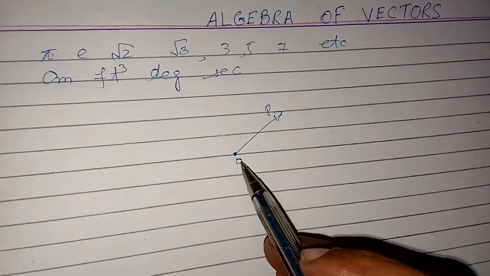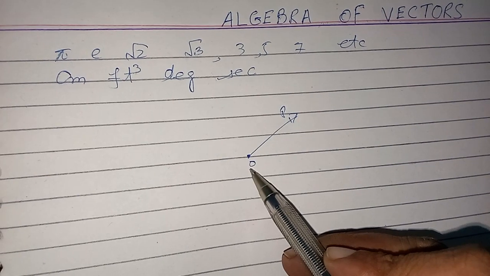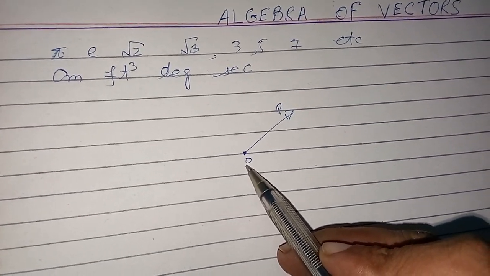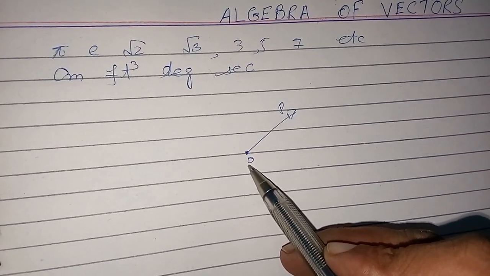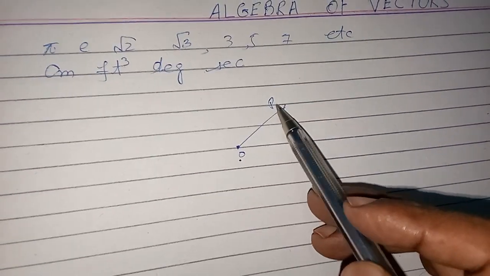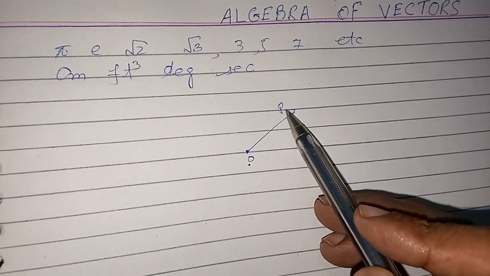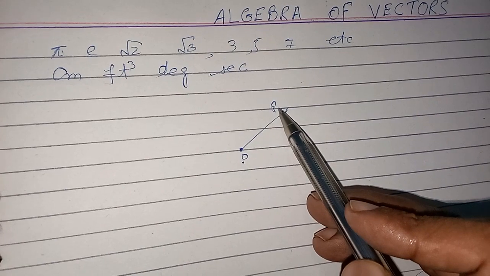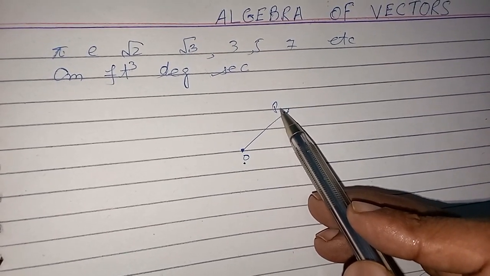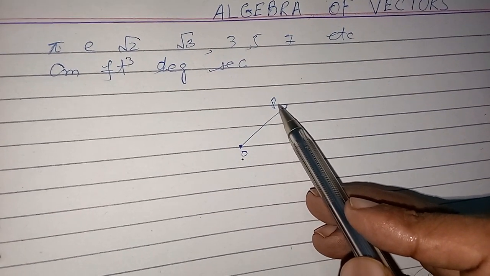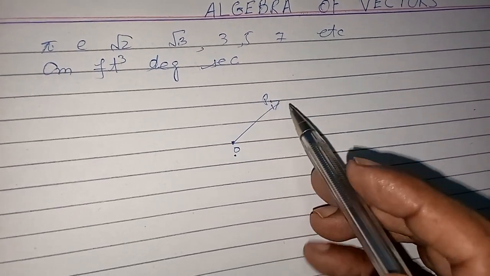The tail end O of the arrow is called origin or initial point of vector, and the head P is called the terminal point.